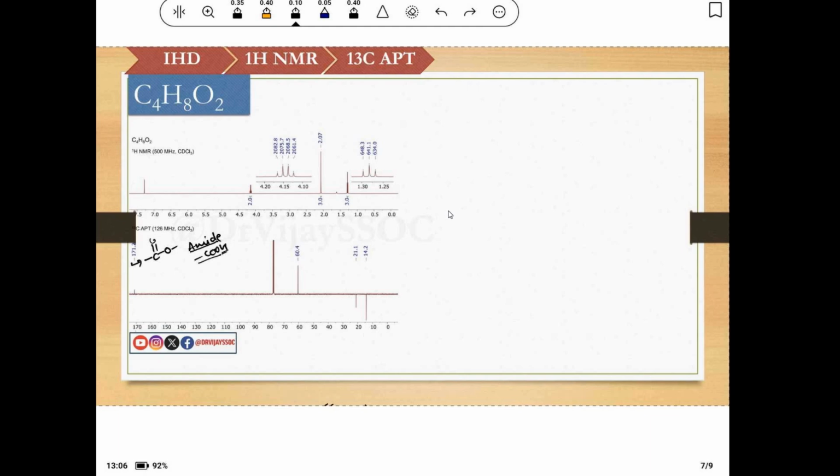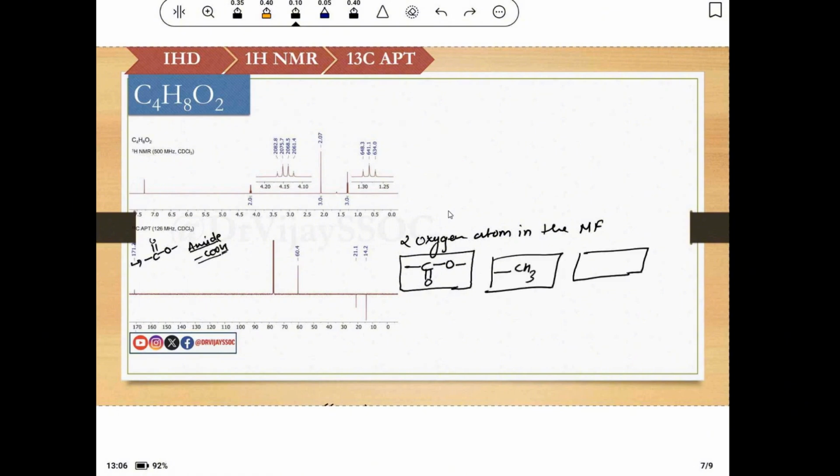But it could be ester because it also satisfies our molecular formula, because we have 2 oxygen atoms in the molecular formula. So it has 1 ester group. So now we have the following information: the compound has 1 ester group, 1 methyl group, and 1 ethyl group.